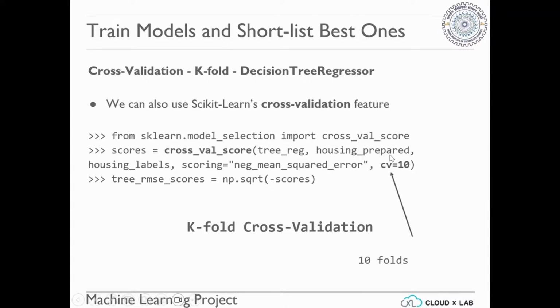Housing_prepared, this variable, contains the training data. If you pass here the variable that contains the complete data, then it will divide the complete data. This method doesn't know anything about the training set or the test set.